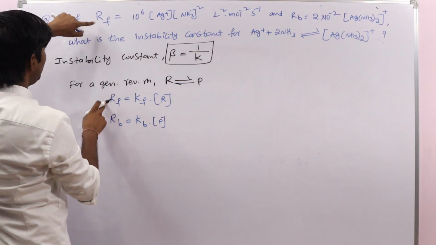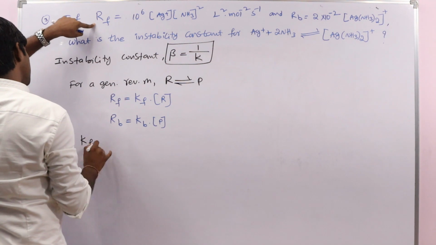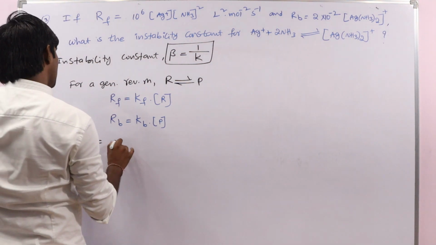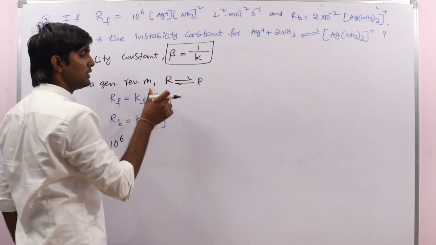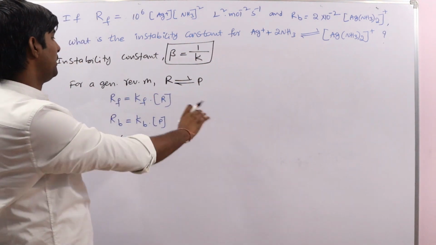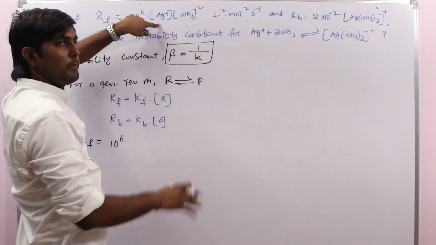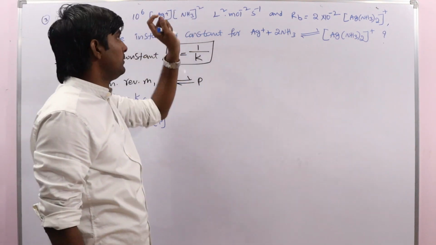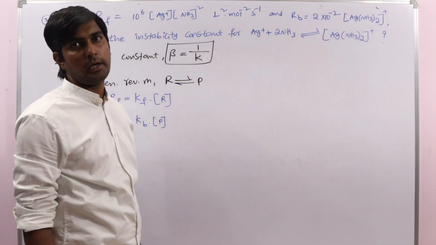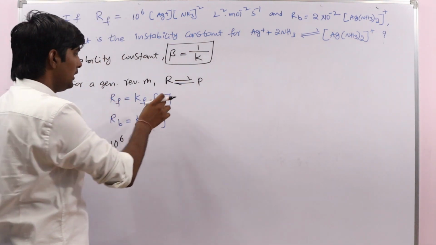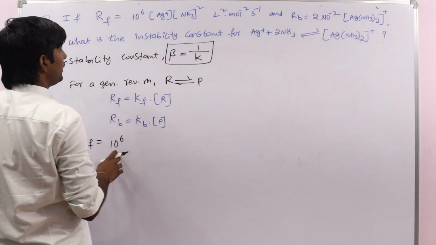So if you compare these two, Kf is equal to 10 power 6. The rate is the forward rate constant into the concentration of reactants, there may be one, two, three reactants, whatever; it is the product of concentrations of reactants raised to their stoichiometric coefficients. This is extensively discussed in chemical kinetics, so I am just recalling it in a simple way here. So Kf equals 10 power 6.